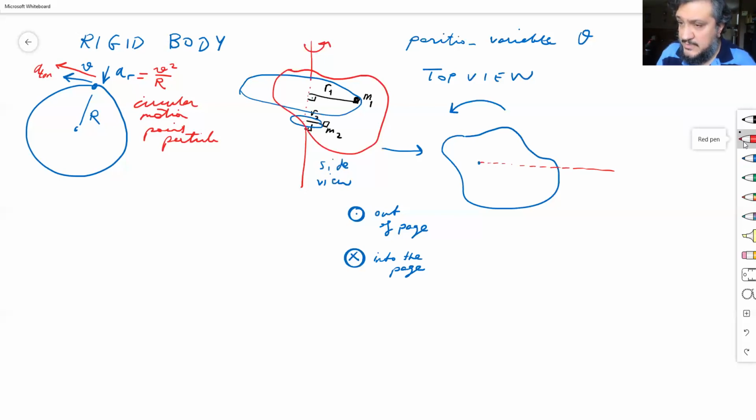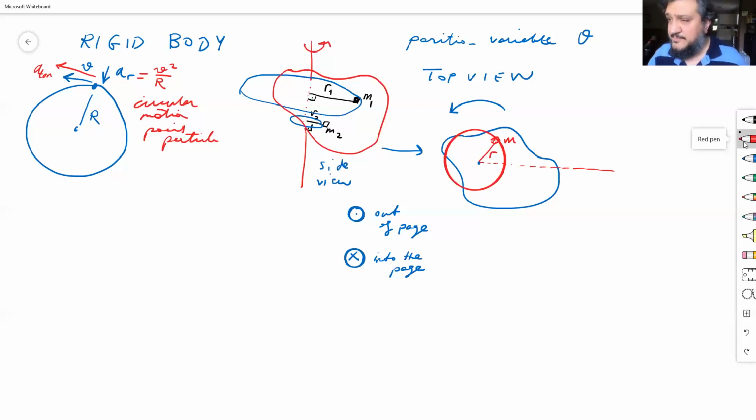And here's the point that we considered in the beginning, which was called M or M1. And here's the radius that goes with it. So the circle that it makes around that axis is this. That's our path for that tiny particle M, which is just one of the thousands of little particles that make the rigid body.